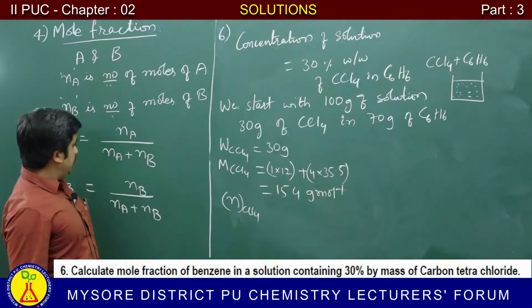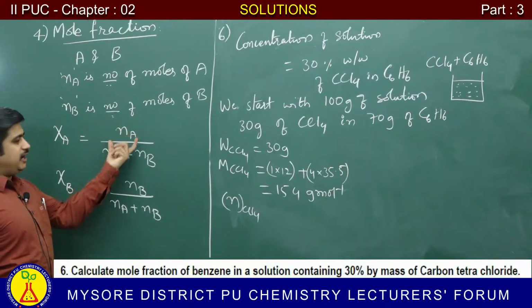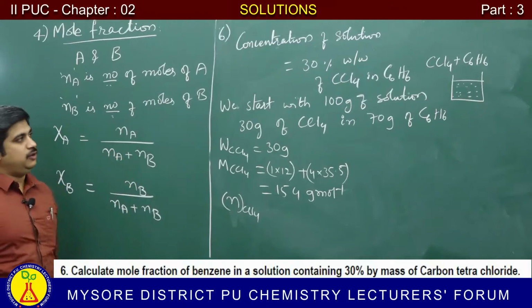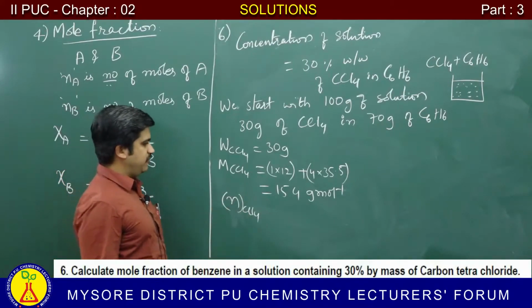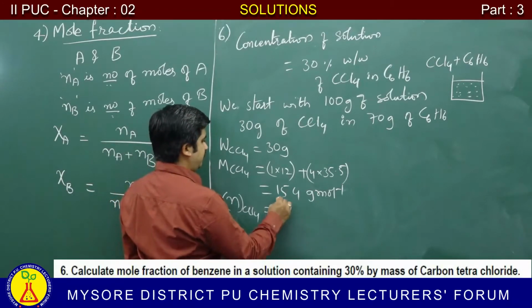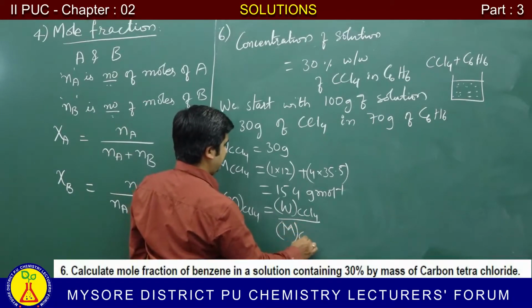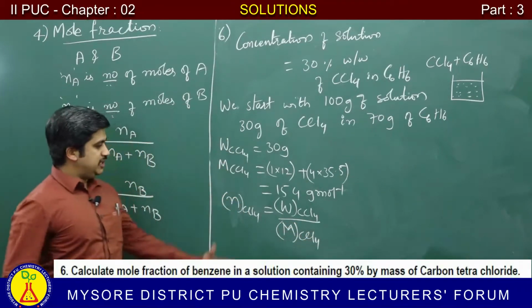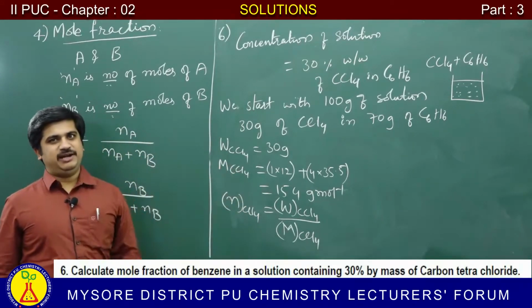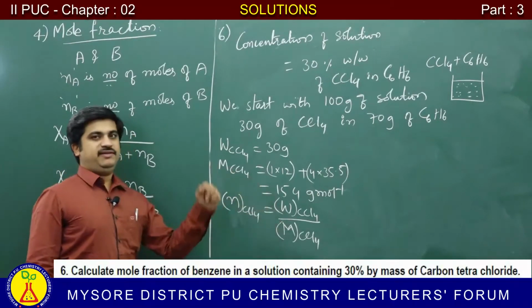Why? Because the mole fraction of carbon tetrachloride is the number of moles of carbon tetrachloride divided by the number of moles of carbon tetrachloride plus the number of moles of benzene. So for that, we have to find the number of moles of carbon tetrachloride, which is given by the formula: weight of carbon tetrachloride divided by molar mass of carbon tetrachloride. Right? So this is the formula we have to apply.